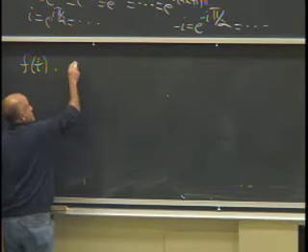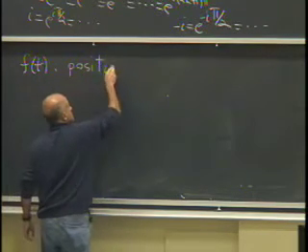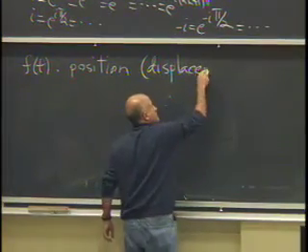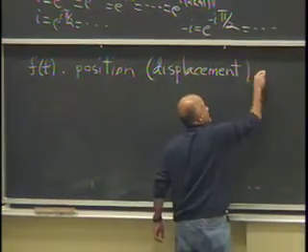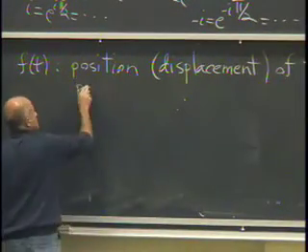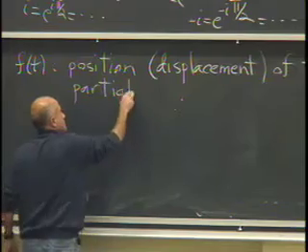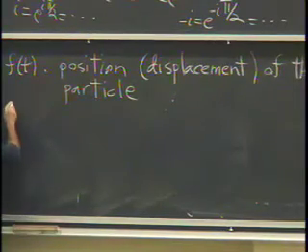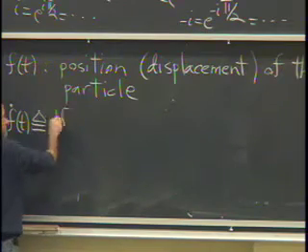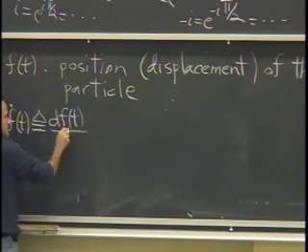So we said, let's look at f of t as the position or displacement of the particle. F dot, which we define as the derivative of f with respect to t.